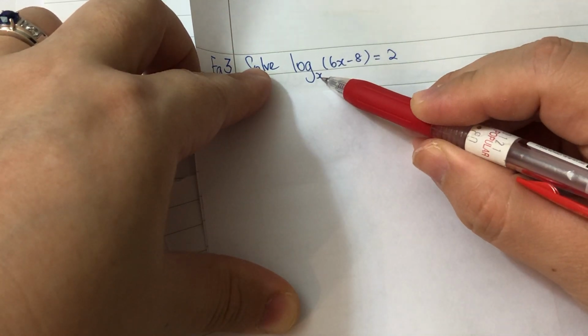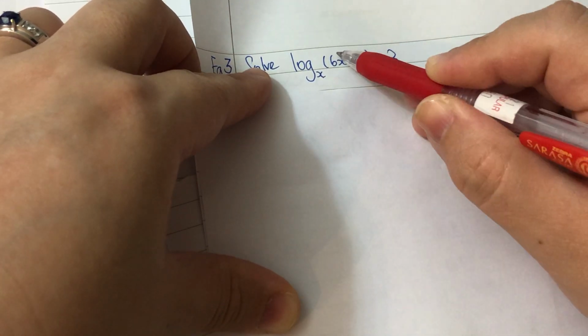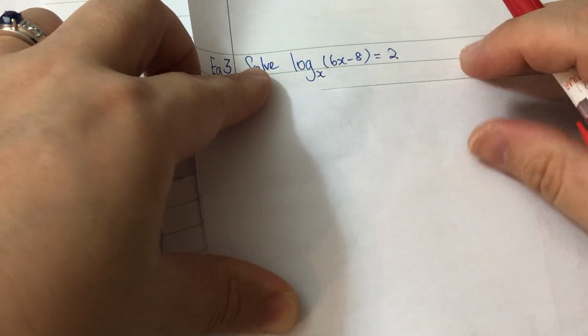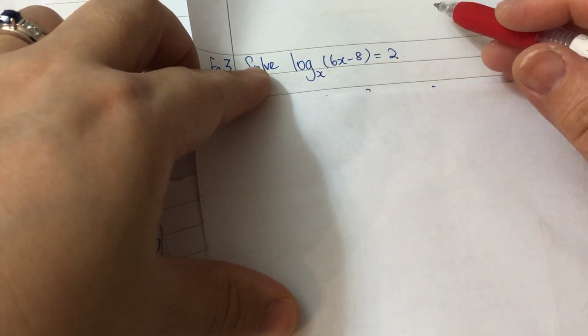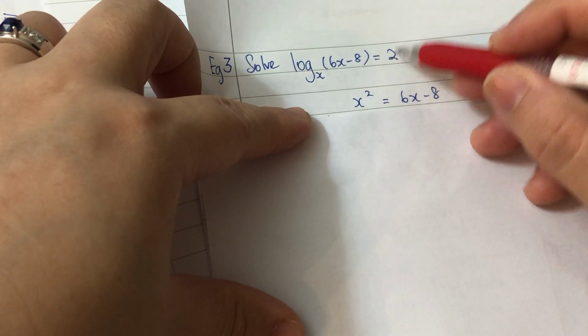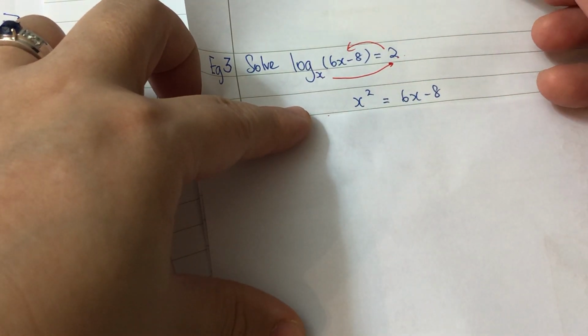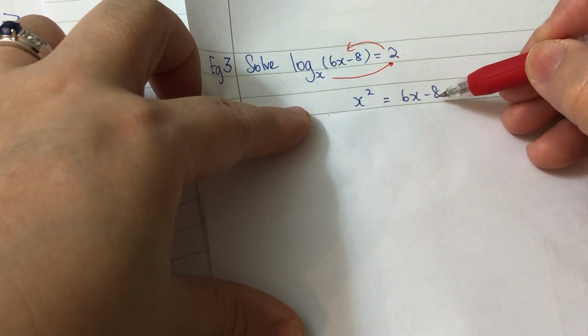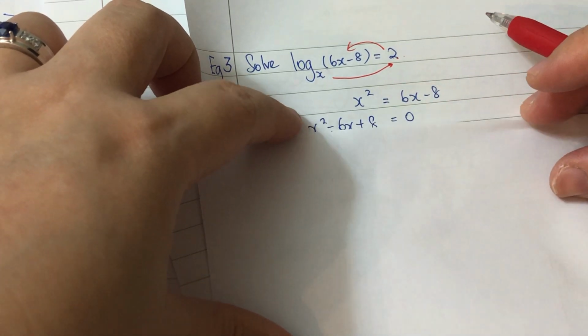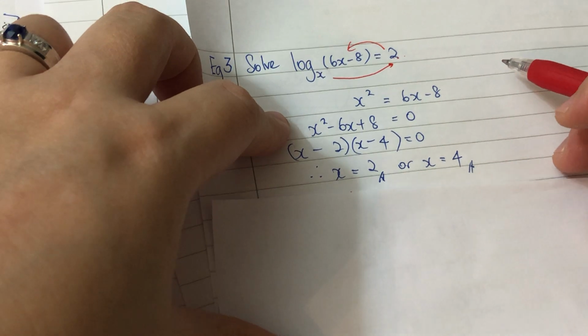So this is base, this is the index, this is the answer. The argument is the answer. So x to the power of 2 is equals to this, right? Oh, then it becomes our very familiar algebraic equation, which you can solve easily, and that's all.